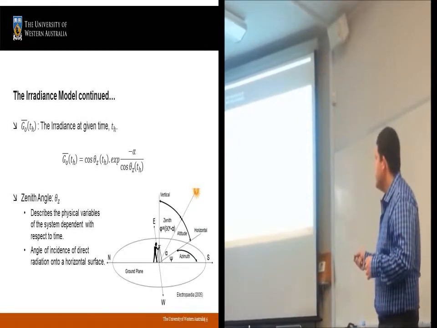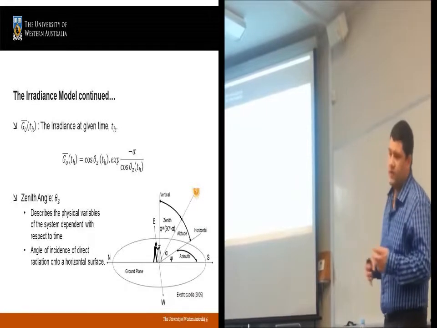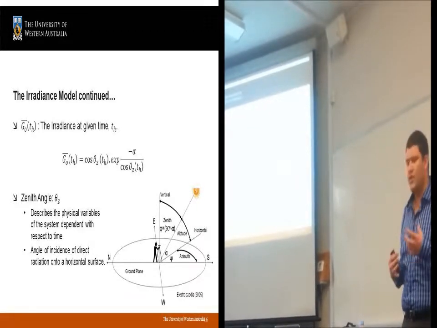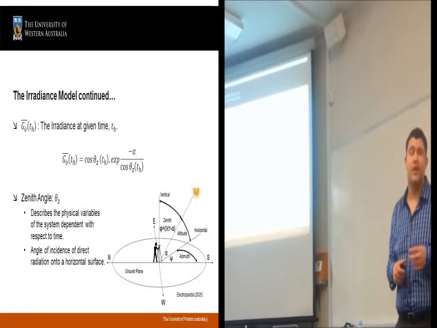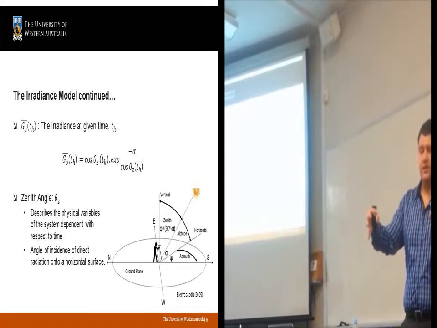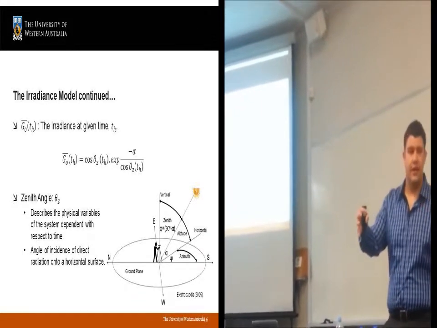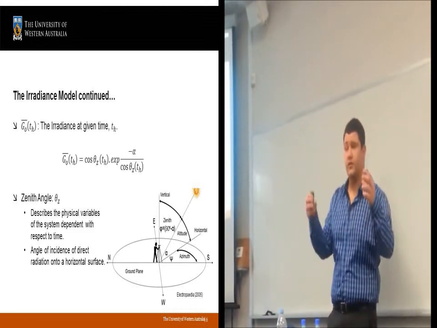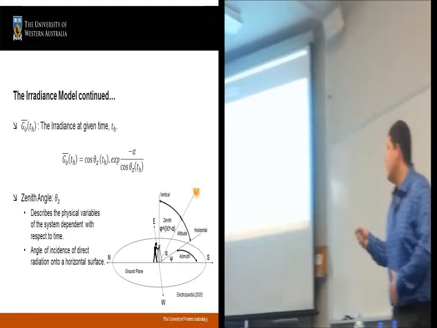So we have this equation, and the zenith angle is fairly easy to calculate. We have very good models of calculating the zenith angle, and all the zenith angle does is specify the orientation of the sun and the orientation of the solar panel. So it factors all of those components in.